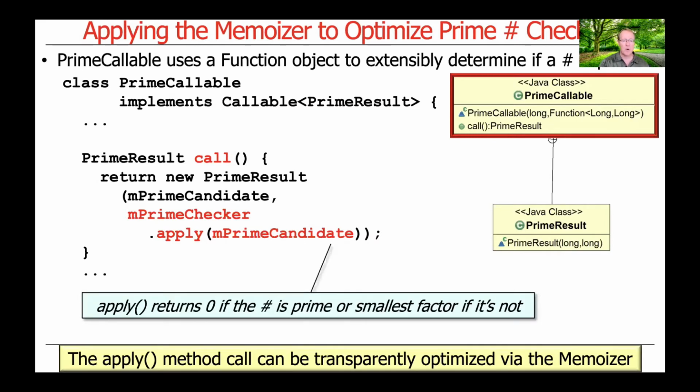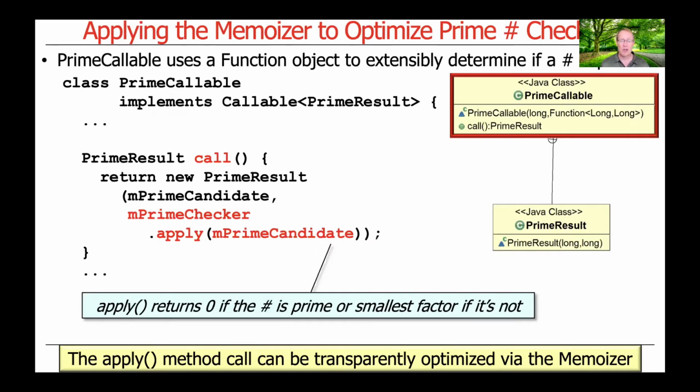And keep in mind that this is going to run in a background thread, and it's going to be using our future task-based Memoizer. So it'll go ahead and apply the function, which is going to be a Memoizer. And if we've already computed that value, we'll just return it because it's going to be stashed away in the Memoizer's concurrent hash map.